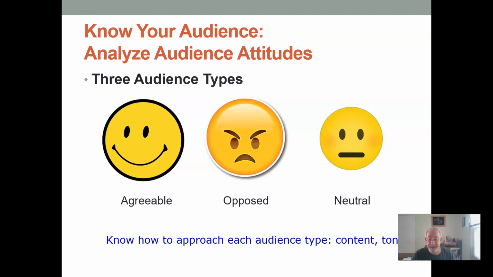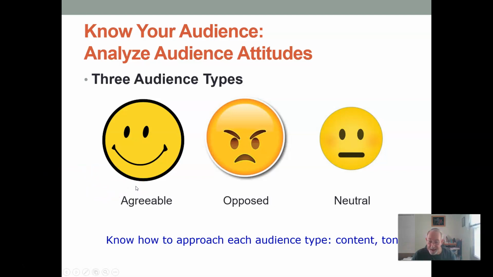With the persuasive message, we have more to consider. With the negative message, we had to be concerned about the audience either being neutral or becoming angry or hostile. Now, with the persuasive message, we have three types of audiences.